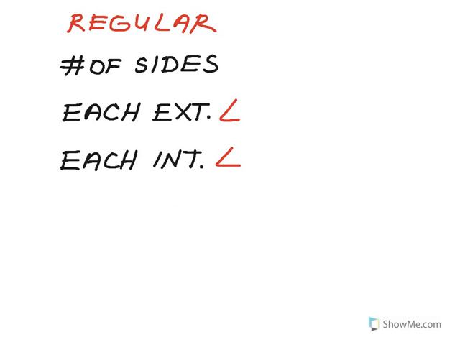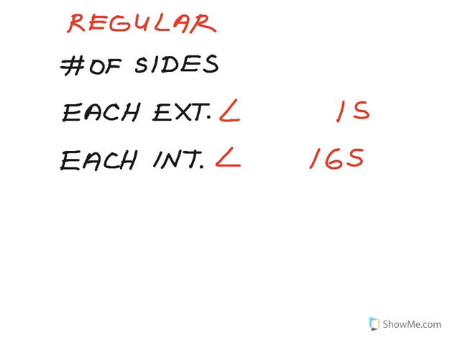Okay, so for the last example, let's say we have a regular polygon, and all we know is that each interior angle has a measure of 165 degrees. So what we want to do is work it backwards, because it's always easiest to work with the exterior angles. So I know that the exterior angle has to be 180 minus 165, or 15 degrees.